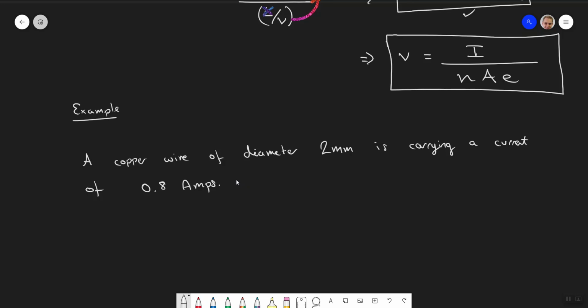What is the drift velocity of the electrons?